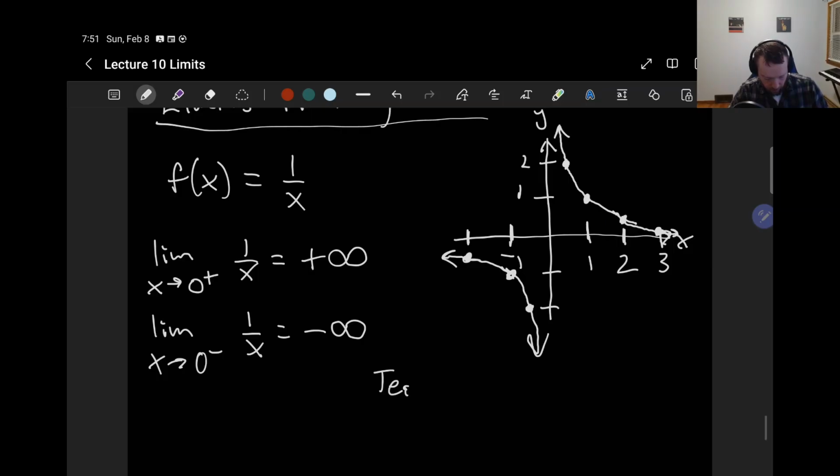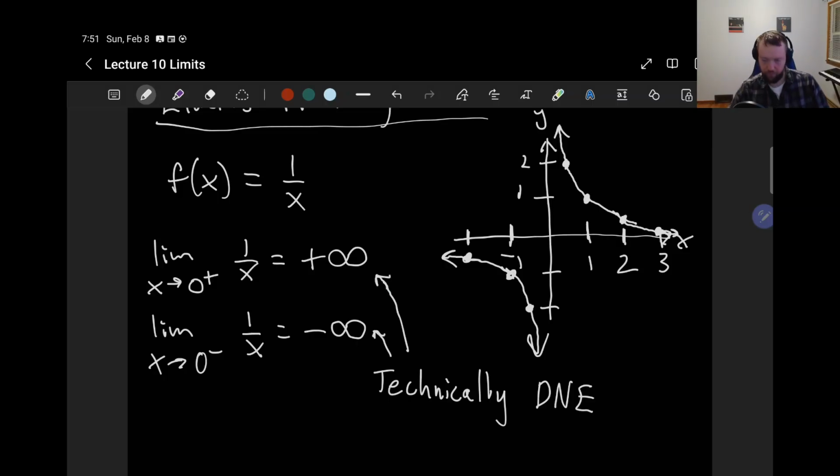And by the way, when the result is infinite or negative infinite, that means technically the limit does not exist. We say that these limits don't exist because it's not a particular real number, just this unboundedness. But this is still some information, right? Positive infinity versus negative infinity. So there's still a distinction there, but we would say technically these don't exist because they're not real numbers.